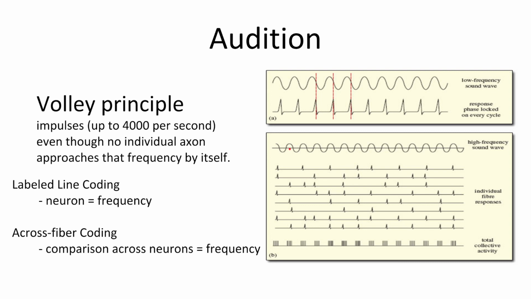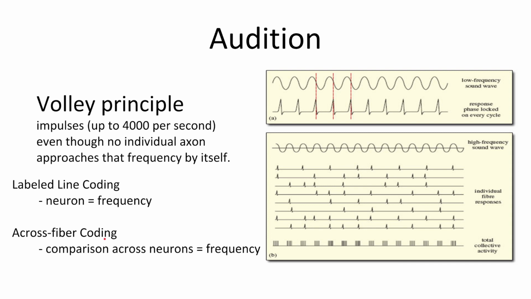Now, one thing I'll mention here is that your book talks about labeled line and across fiber coding, and we'll talk in a minute too about how this compares across the different senses. If you remember the idea in vision of having only 3 kinds of color receptors, but using that information to decode a nearly infinite range of colors that we can see, that would be something called cross-fiber coding.